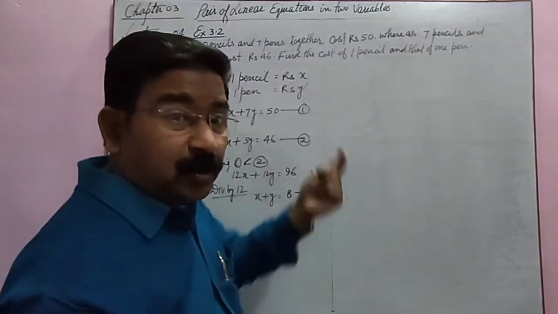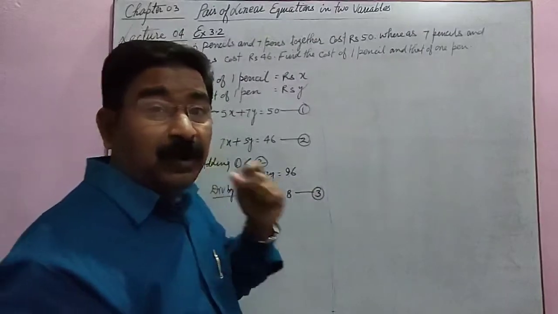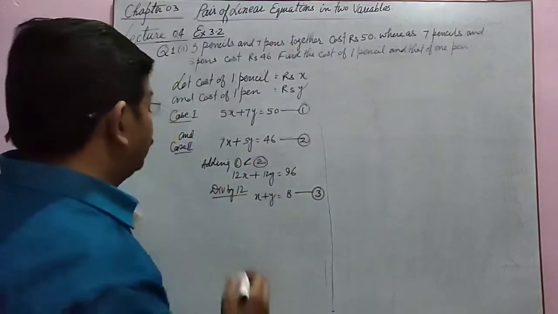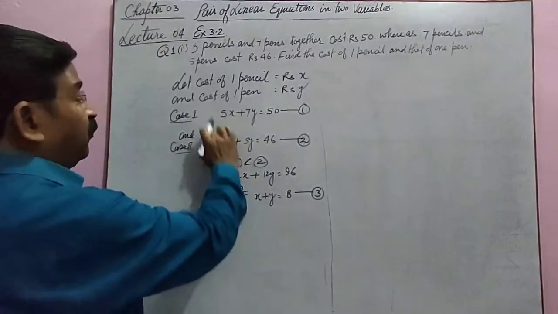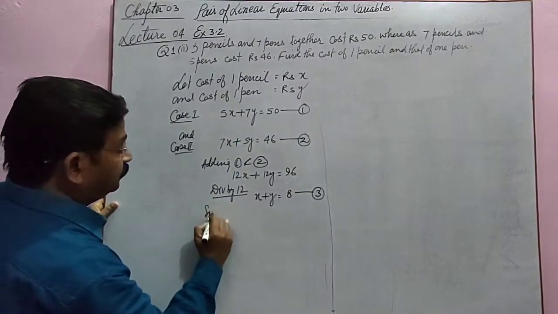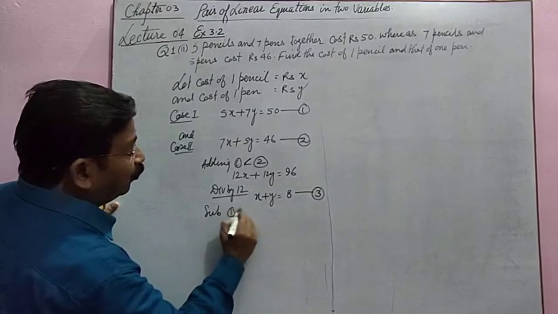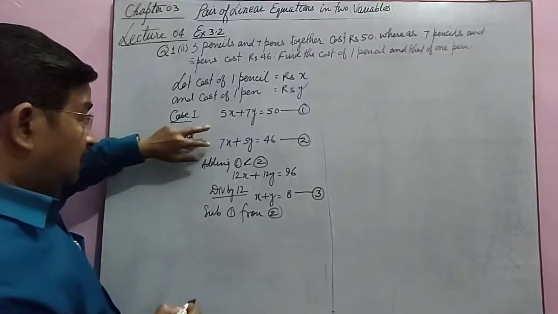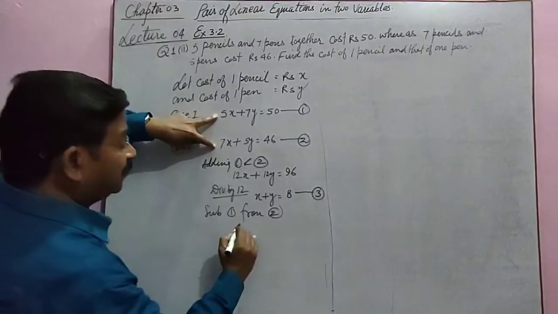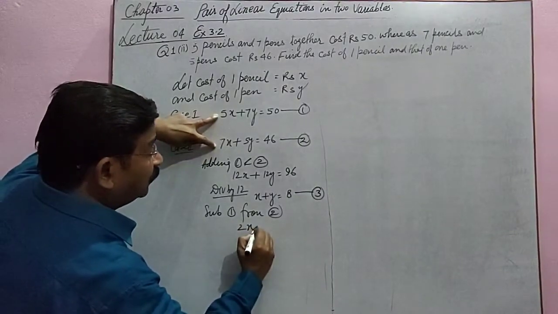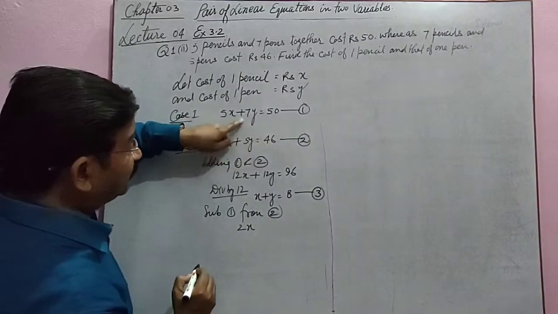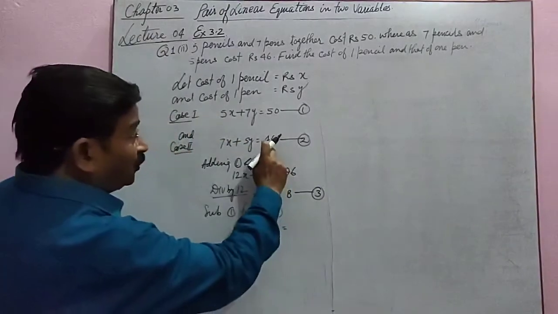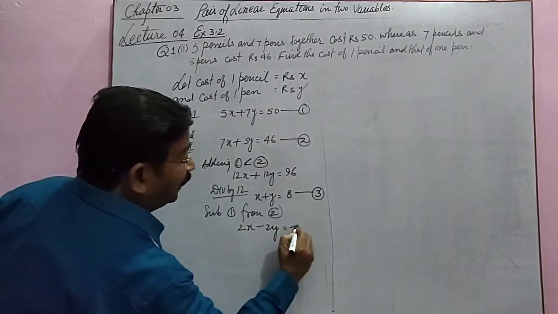If you subtract the two equations, either equation number 1 from 2 or 2 from 1, we can get the new equation. Subtracting 1 from 2, like this. Subtracting 1 from 2 means 7x minus 5x, we have 2x. 5y minus 7y, minus 2y is equal to 46 minus 50, minus 4.